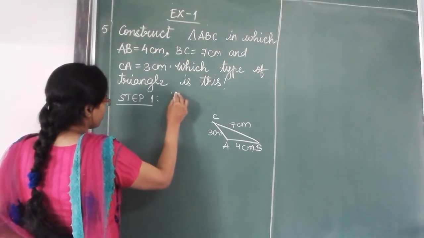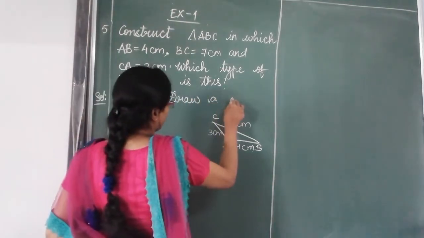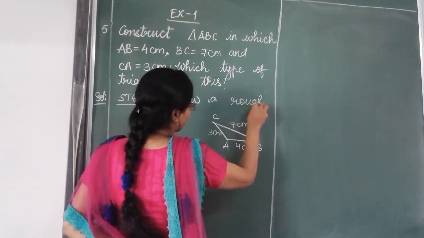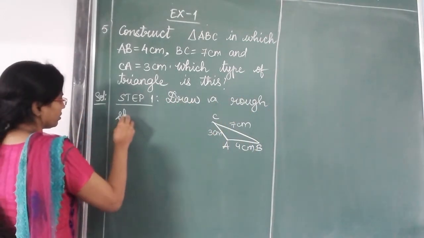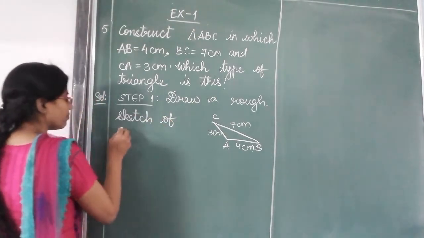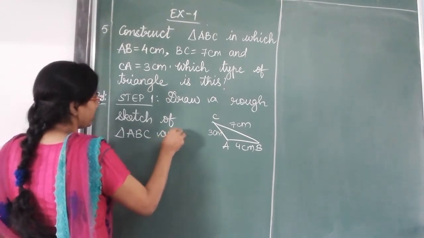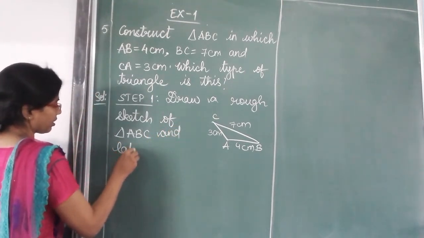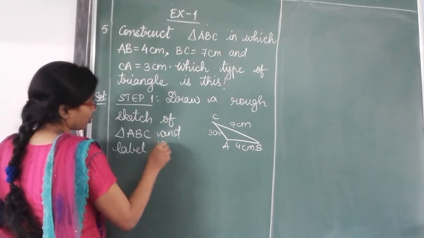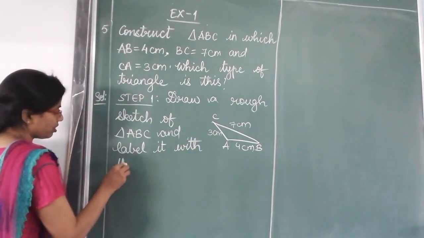Step 1 is draw a rough sketch of triangle ABC and label it with the given measurements.